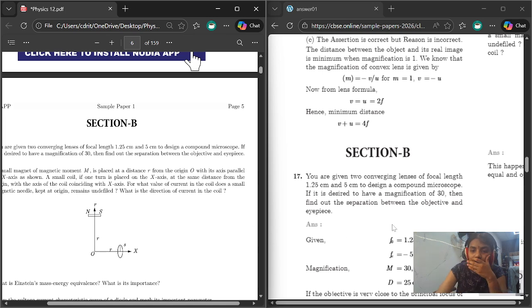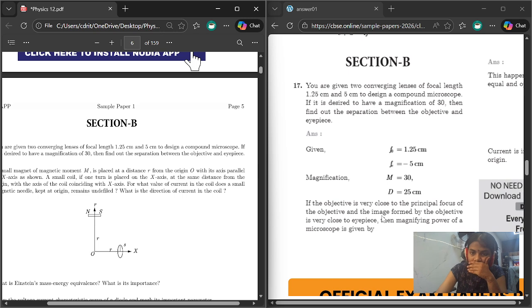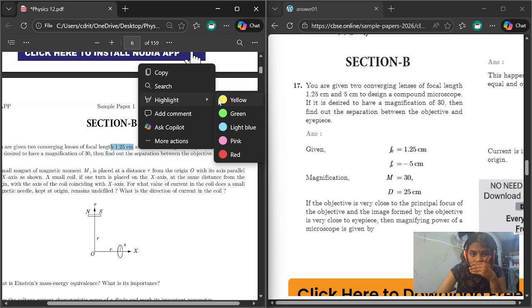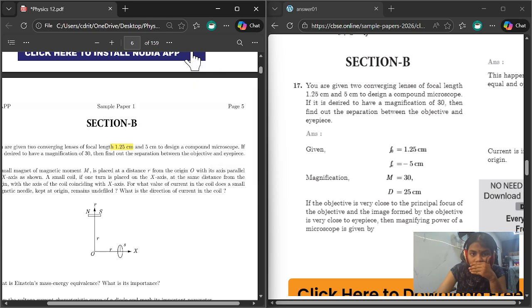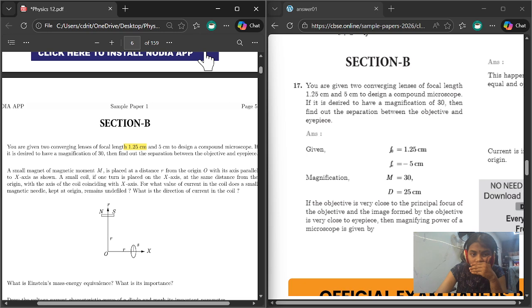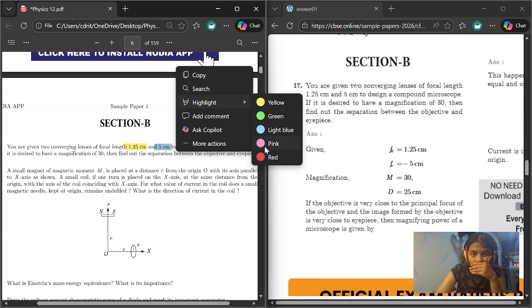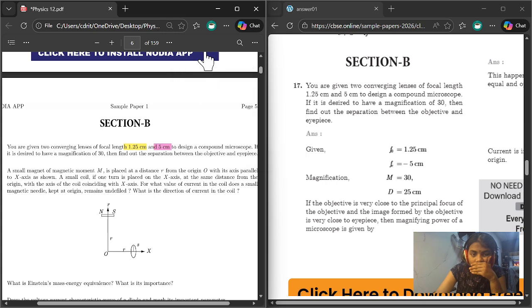Okay, so they've given the question here. The objective lens is 1.25 centimeter, the eyepiece is 5 centimeter, and the magnification should be 30.